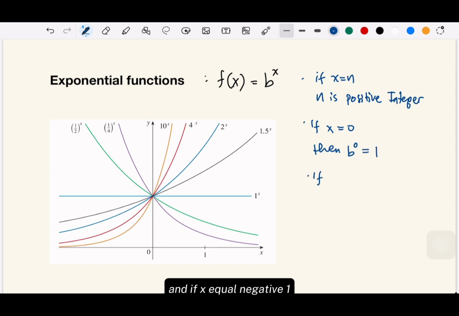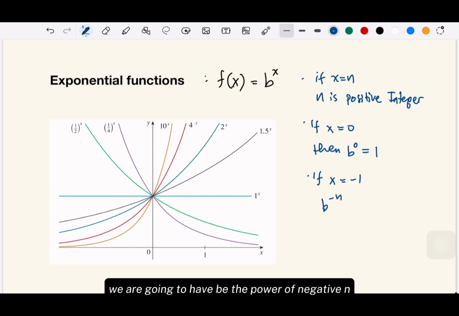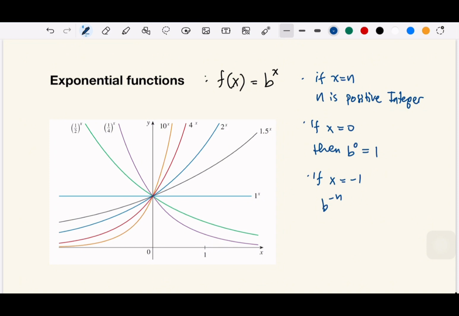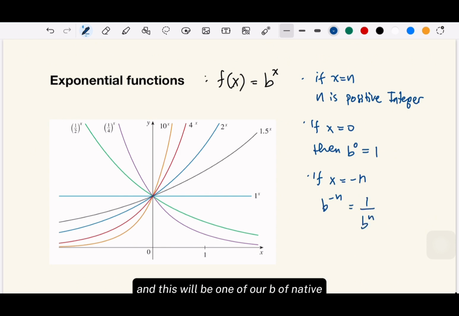And if x equals negative n, we are going to have b with power of negative n, and this will be 1 over b with power of n.